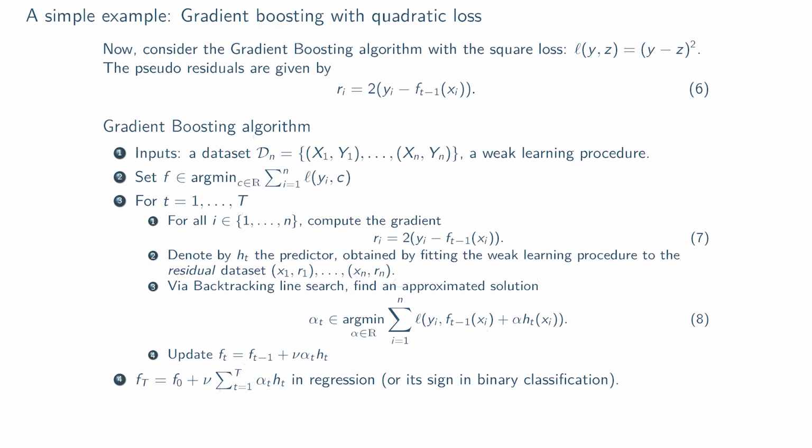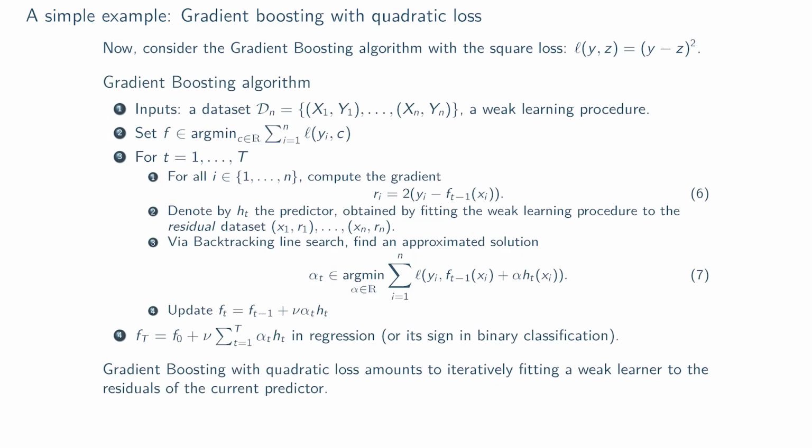In other words, in the case of regression problem with quadratic loss, at each step, we look for the individual predictor targeting the residuals of the aggregated predictor from the previous iteration. We seek to predict the difference between the prediction of the aggregated predictor of the previous iteration and the reality in order to improve the predictor in question. This is exactly how the general boosting procedure was presented in the first part, and this is what justifies the name of residuals for the elements Ri.